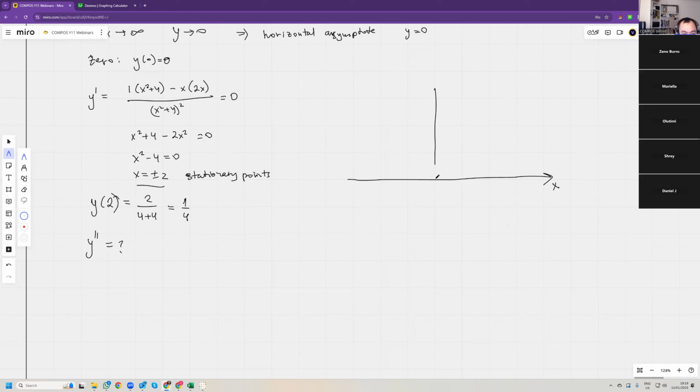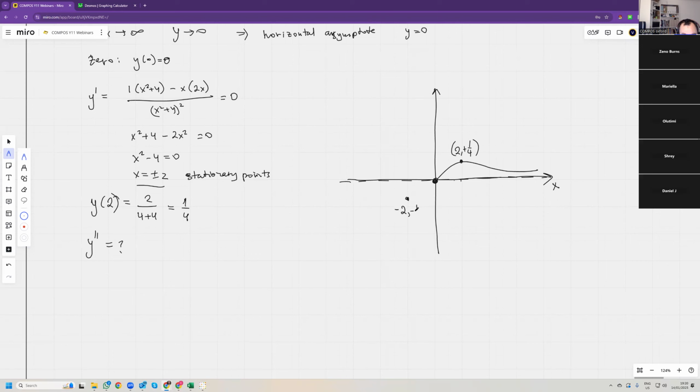So we know that the 0 is here. We know that this is a horizontal asymptote. And we know that this is a stationary point. So 2 and 1/4, 2 minus 2 plus 1/4. So it's going to go like this. And on the other side, it's going to be symmetrical because it is an odd graph.